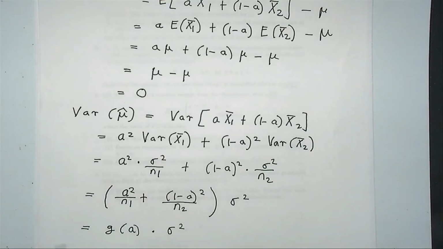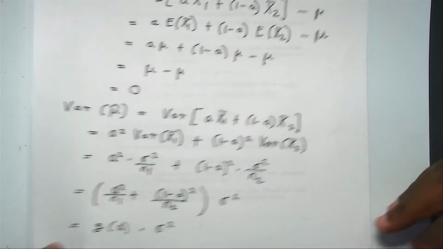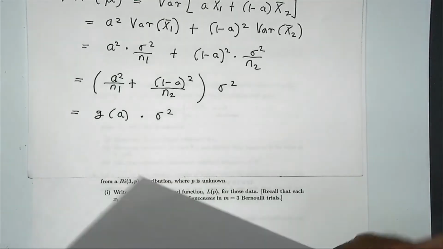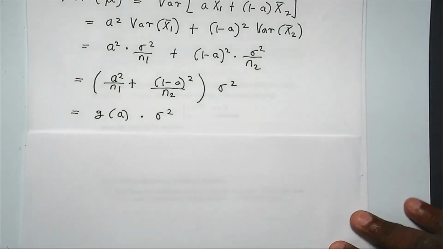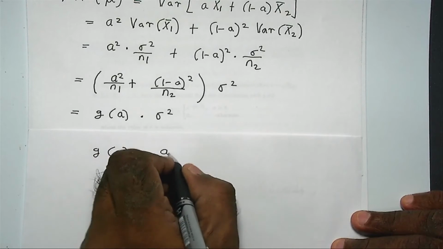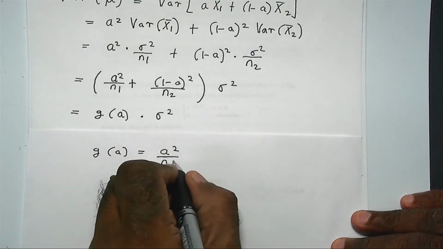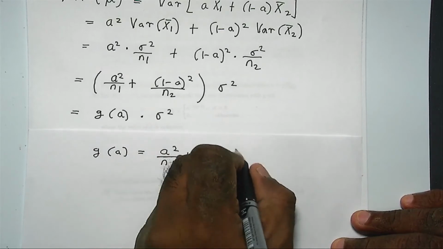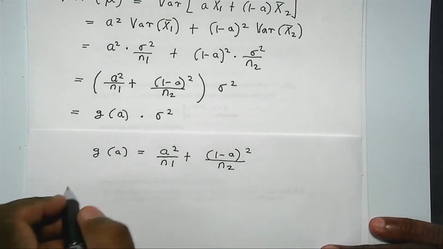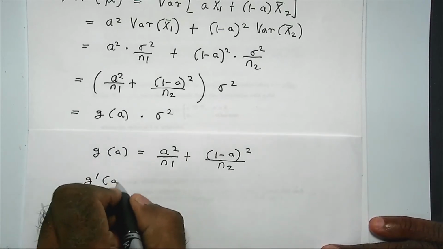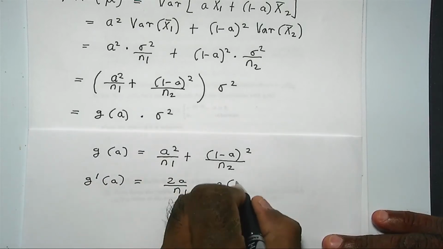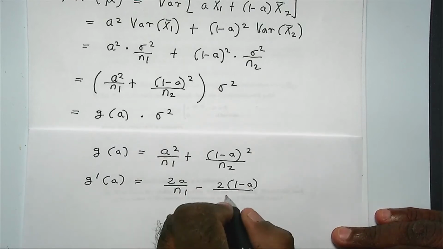I'm sure you've done lots of calculus, and in order to minimize a function, the first thing you need to do, let me write it down: g of a equals a squared over n1 plus 1 minus a squared over n2. The first thing you need to do to minimize this is to find the first derivative with respect to a, which is 2a divided by n1 minus 2 times 1 minus a divided by n2.